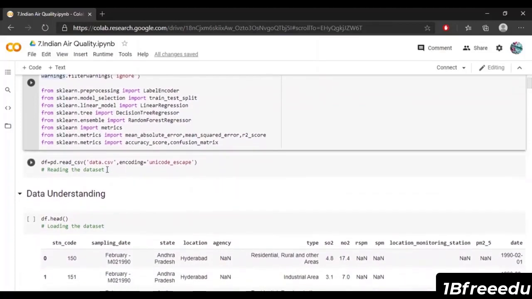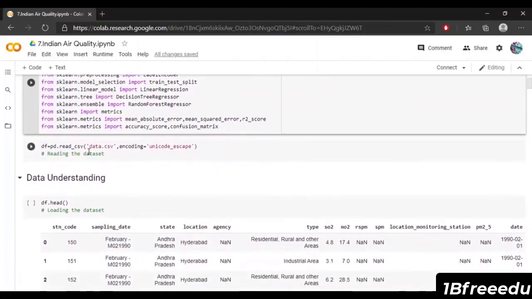And as you can see over here, this is pd.read_csv. So this code will read the dataset, and the dataset is in the form of a CSV file, and that's why we have used pd.read_csv. And then we have used encoding equal to unicode_escape.